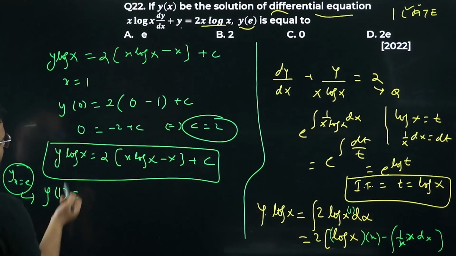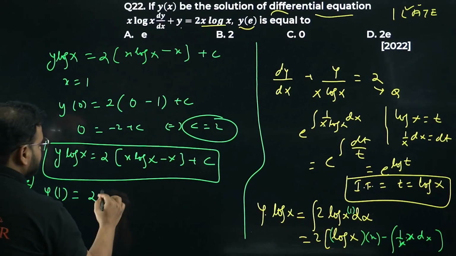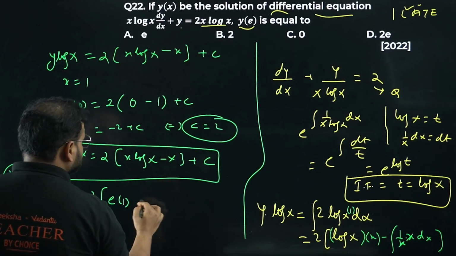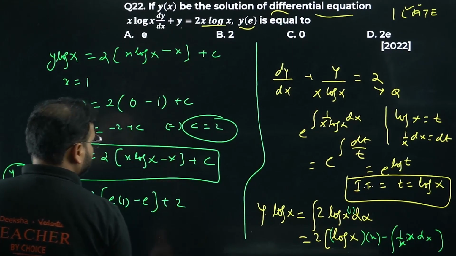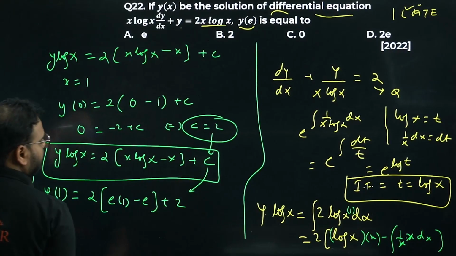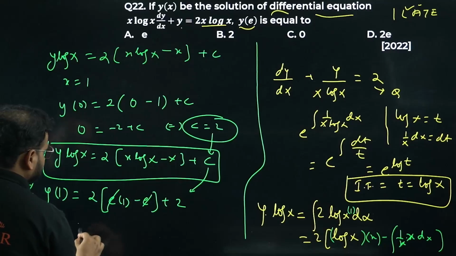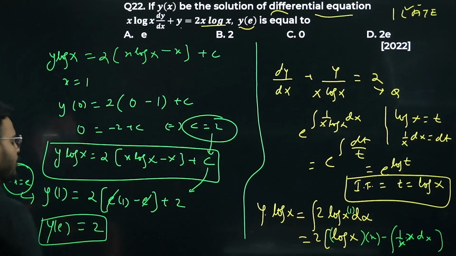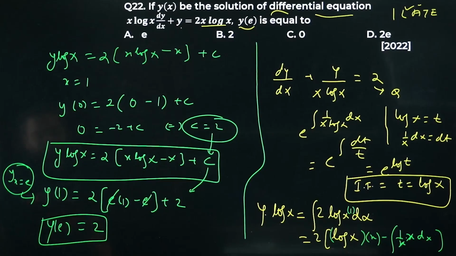So we have y times 1, log e is 1, 2 times of, we get e, log e is again 1, minus e plus 2. C is actually 2 now over here, please check. I get e and e cancelled, simply my answer is coming as 2. So y at e is coming as 2. Please check.